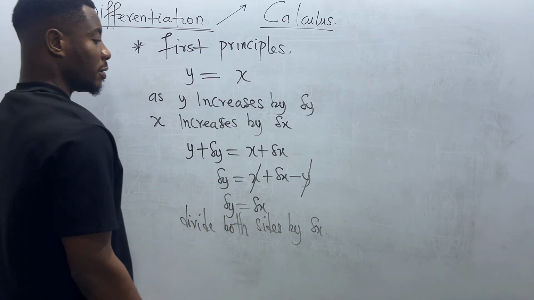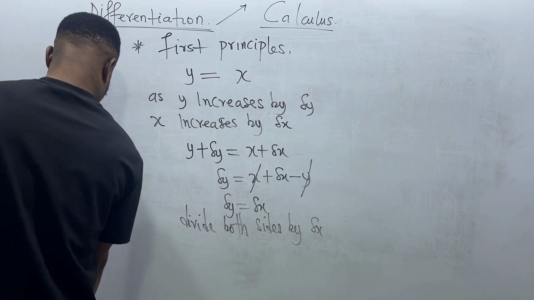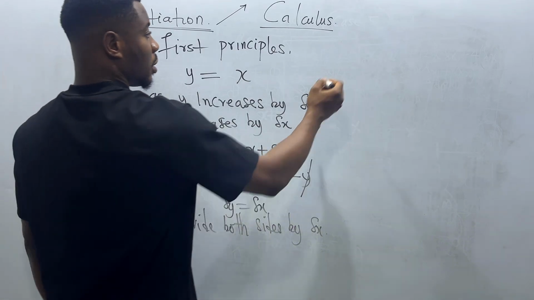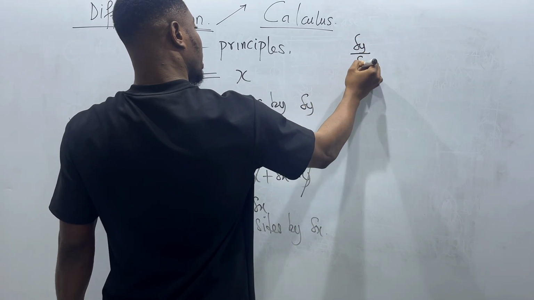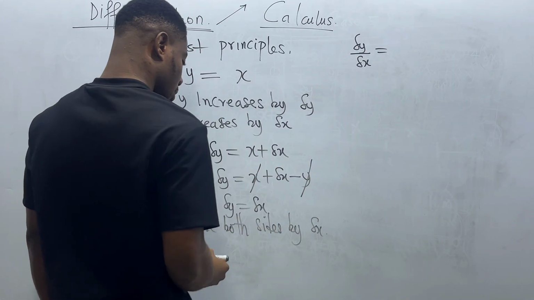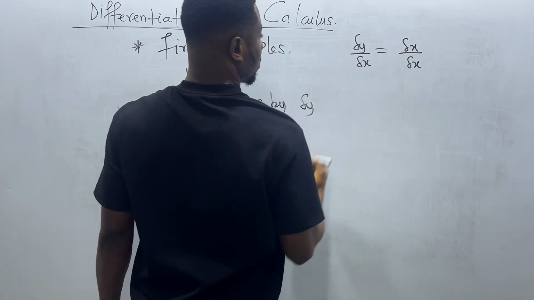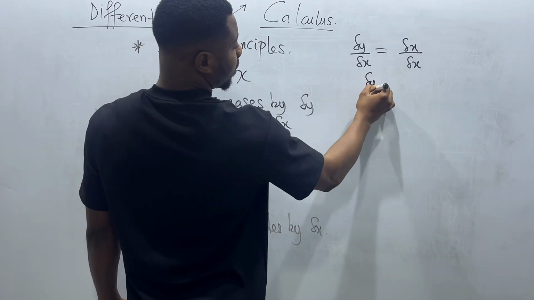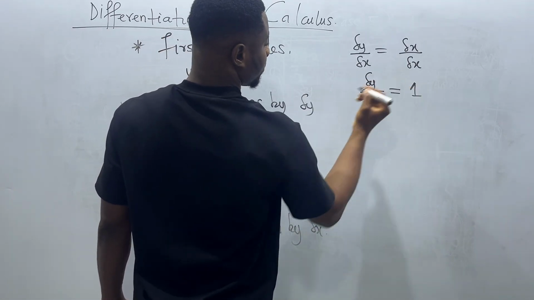When I do this, I'm going to have change in y divided by change in x is equal to change in x divided by change in x. So we now have that change in y over change in x is equal to 1.